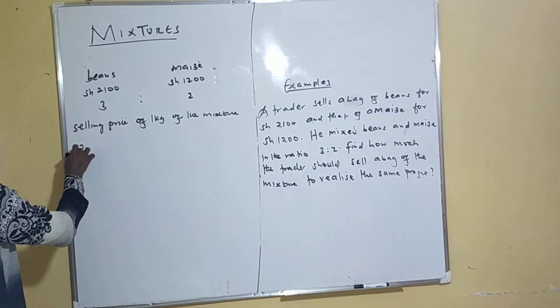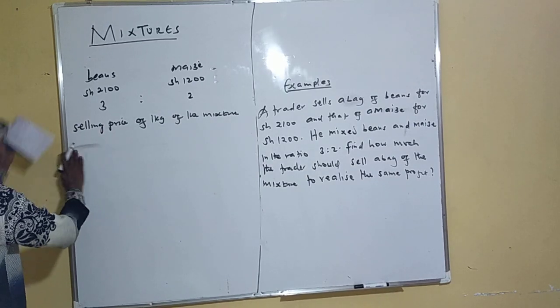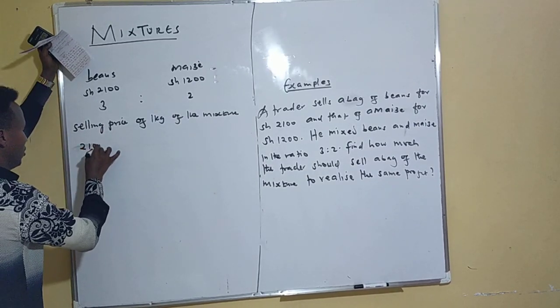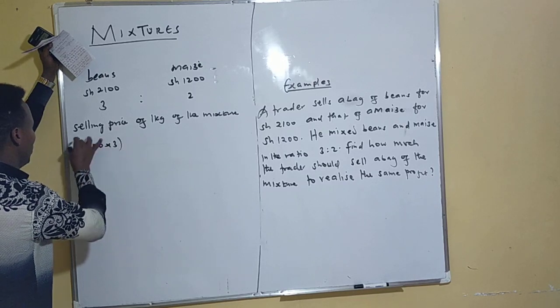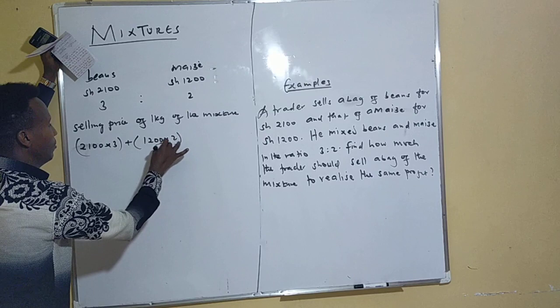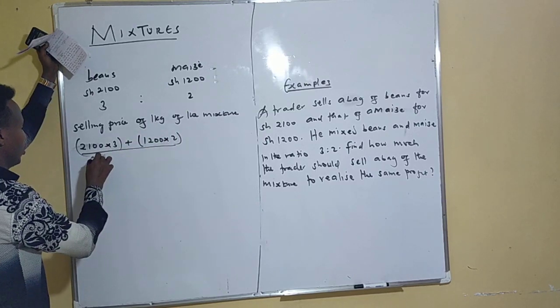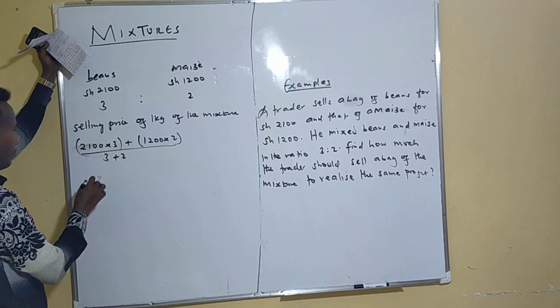It will be 2,100 times 3 plus, open the bracket, 1,200 times 2, divided by the sum of the ratio, which is 3 plus 2.